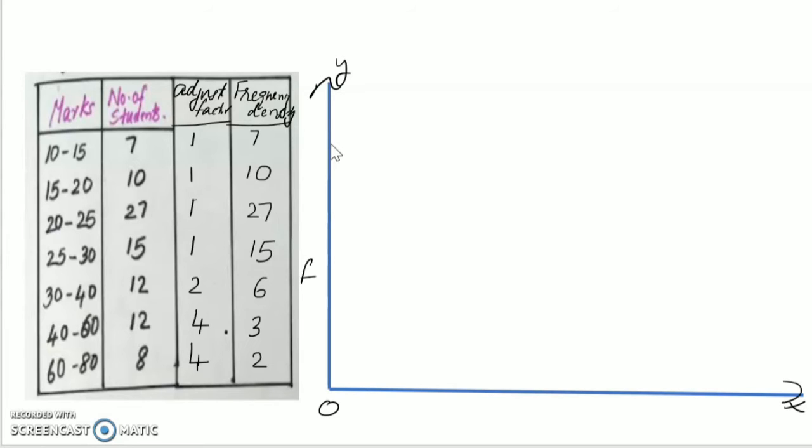Here this is frequency, and here we have to mark till 80. The highest point is 80. So till 80 we have to mark 5, 10, 15, 20, 25, 30, 35, 40, 45, 50. In this way we have to mark till 80.